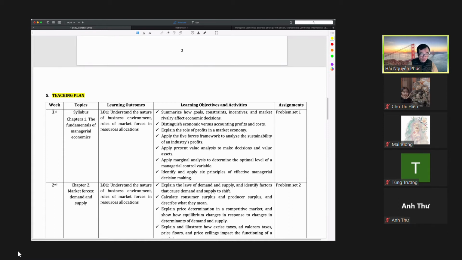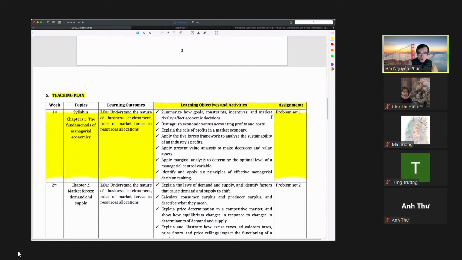For the first week, we're going to look at chapter number 1, and the learning outcome is about the business environment. Here are the learning objectives, and you will have to do the assignment, which is problem set number 1.